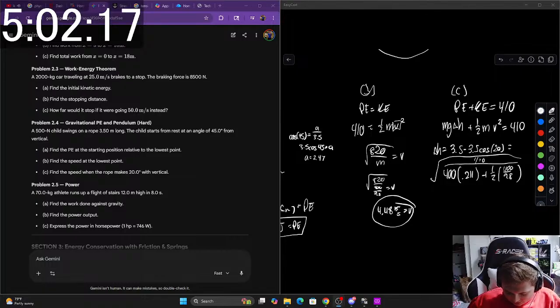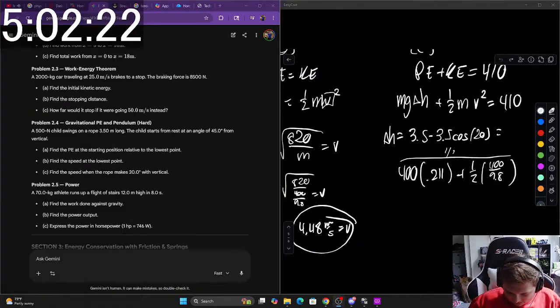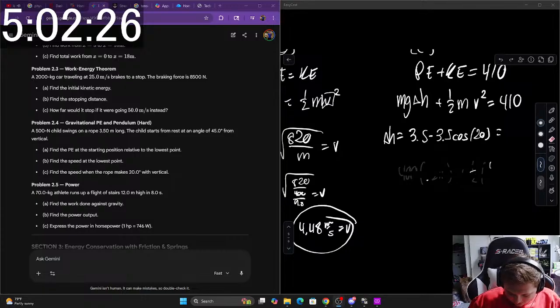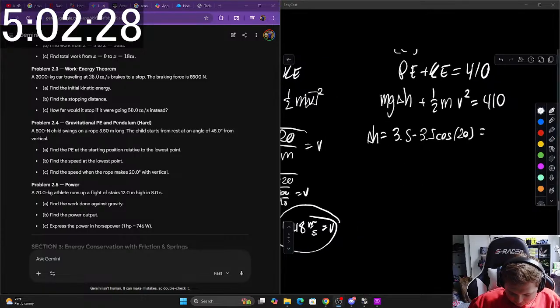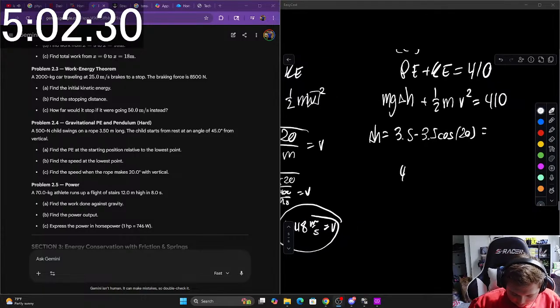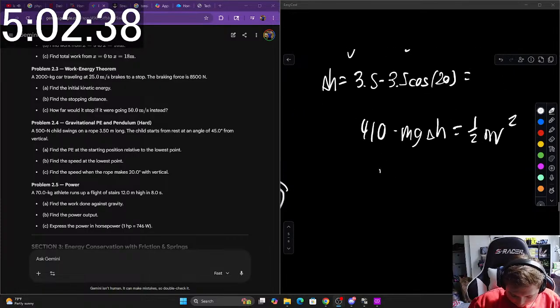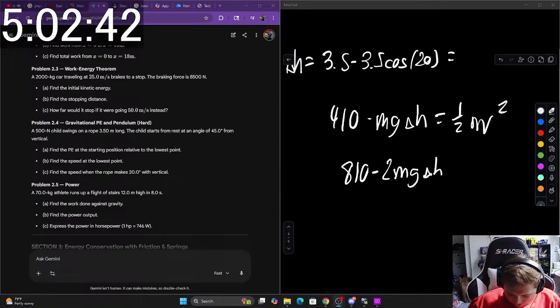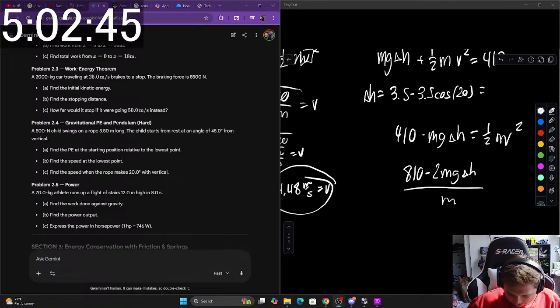Yeah, that's right. So, no, it's not. Let's solve the equation first before we actually do any of this. So let's see. We'd have to take 410 minus mg change in h equals 1/2 mv squared. 810 minus 2 mg change in h over m, square root.